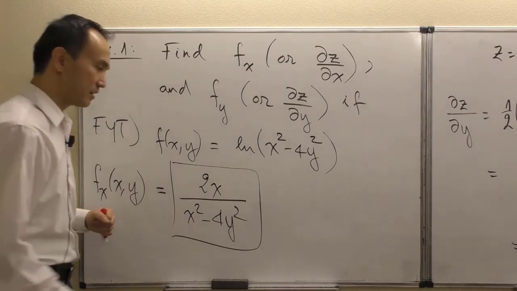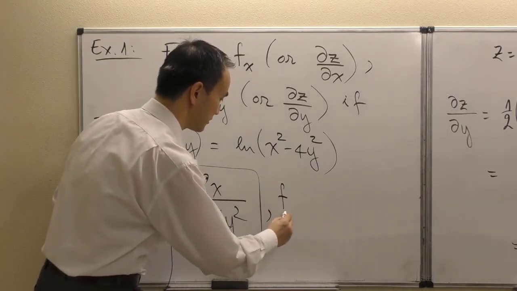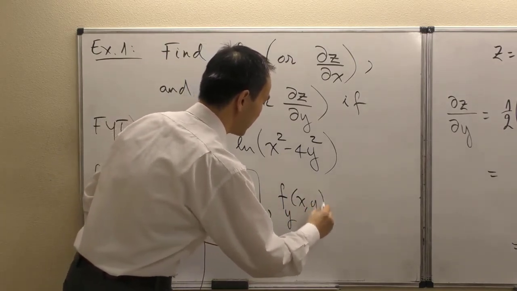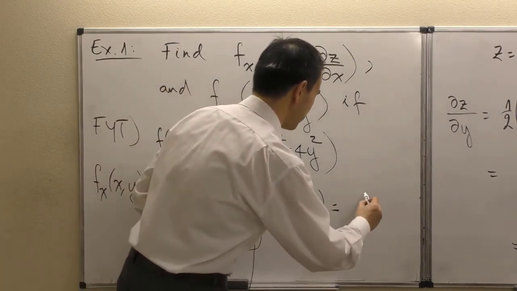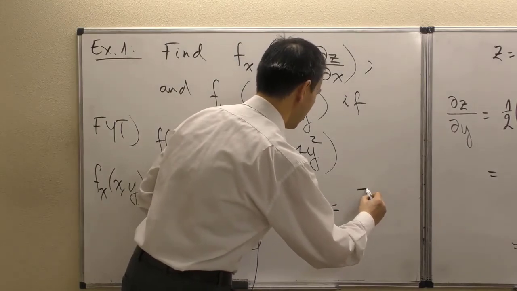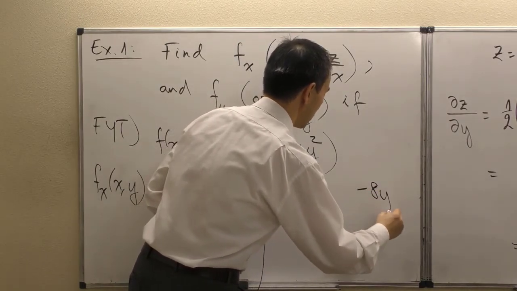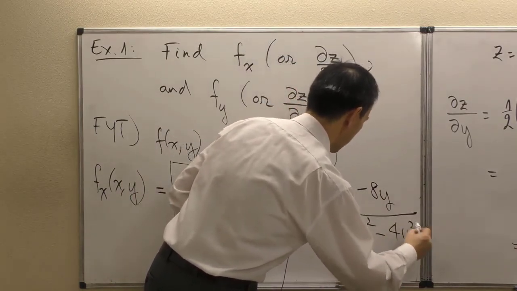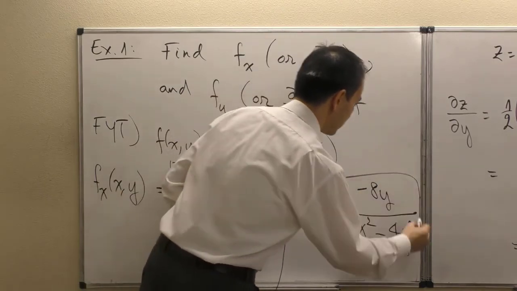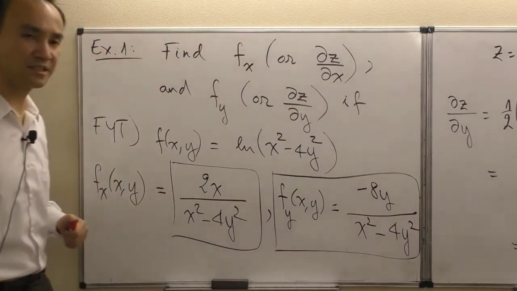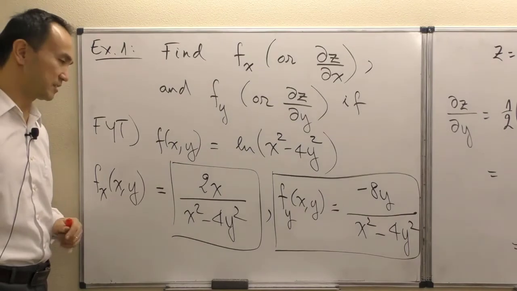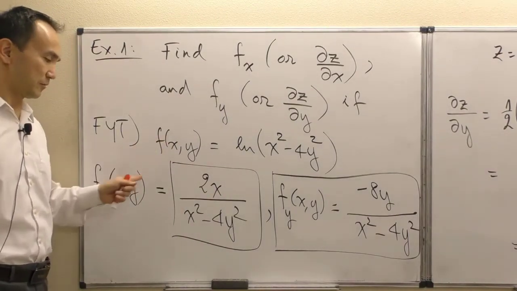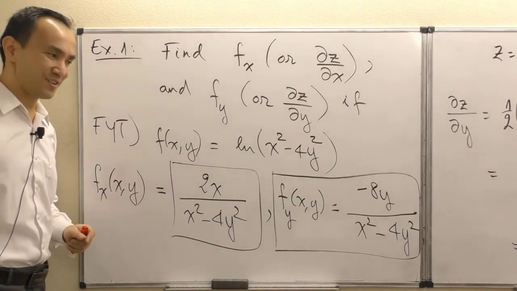And then on the other hand, the partial derivative of f in respect to y, as a function of x and y, is going to be minus 8y over x squared minus 4y squared. All right, and those are the answers of the two partial derivatives.